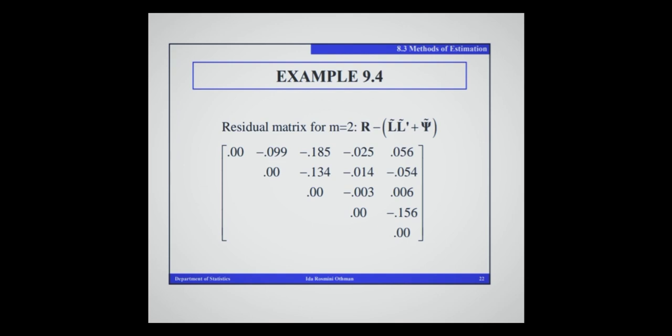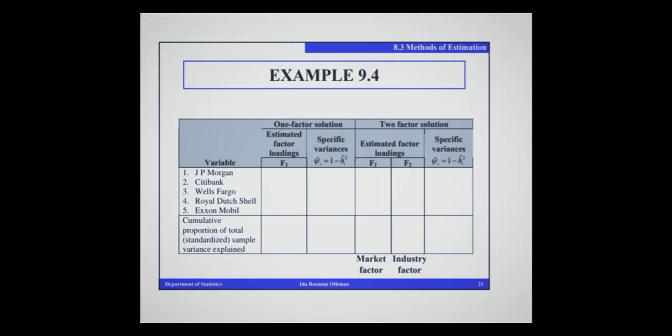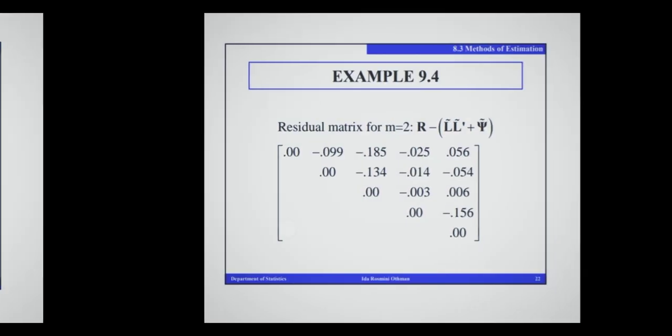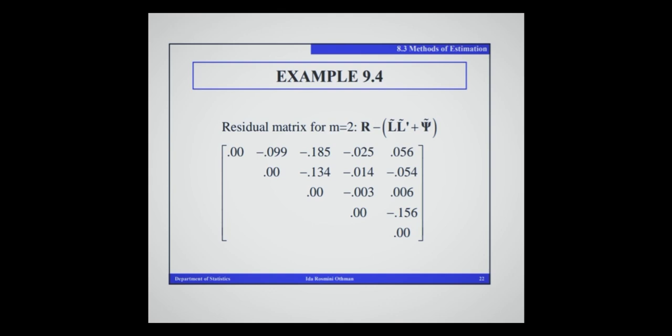Okay, ini residual matrix. Okay, yang ni example 9.4 ni ada dalam your textbook. The value dalam ni semua ada dalam page 493. You know how to find that. Okay, so this is, we create this residual matrix.